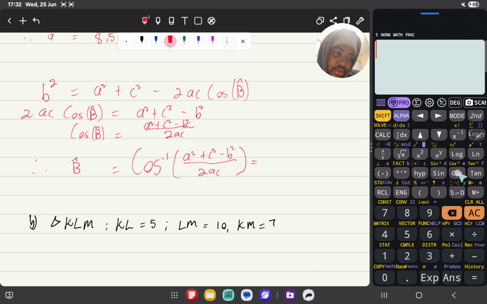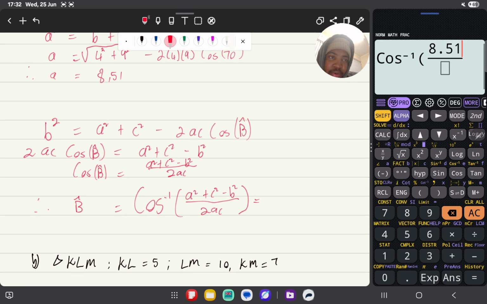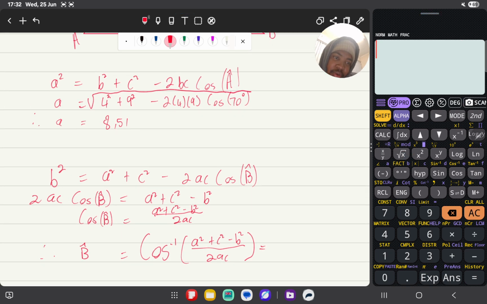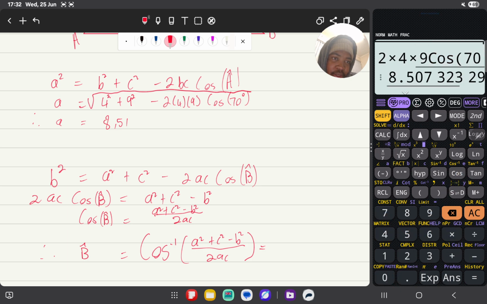So shift cos. What is the value of A? 8.51. Actually, before that, let me just confirm that the value of A is correct. 4 squared plus 9 squared minus 2 times 4 times 9 cos 78.